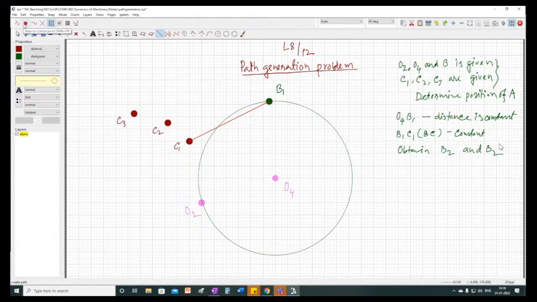So to find C2, we can draw an arc with respect to this C2, and the radius would be this radius, and that will intersect this green circle somewhere. That will give us the B2 point.